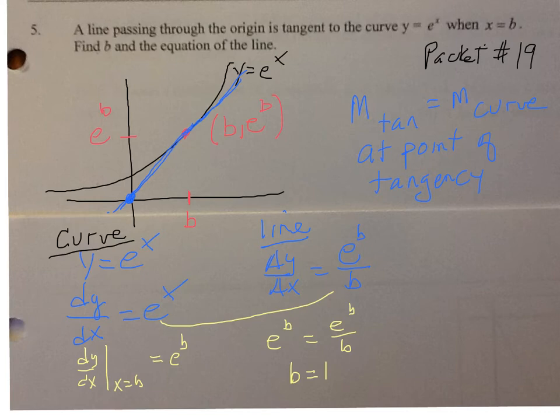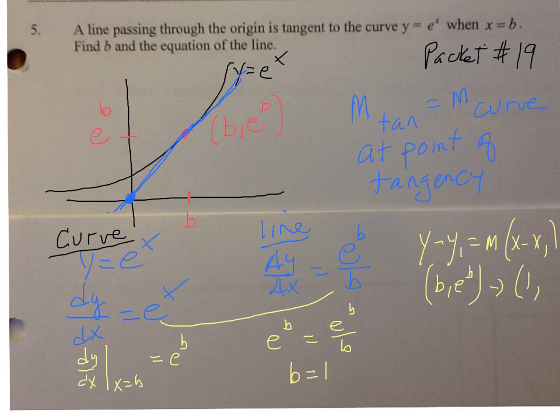Now we want to know the equation of the line. So the equation that I always use is the point slope equation. I have my point, which since it was b, e to the b, and I know that b is 1 now, I have 1, e. So I have y minus e equals my slope times x minus 1.